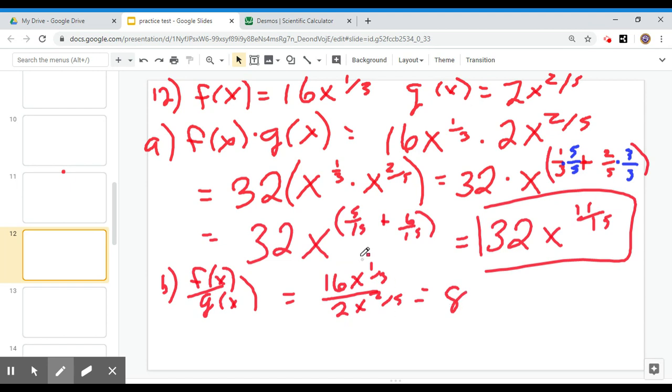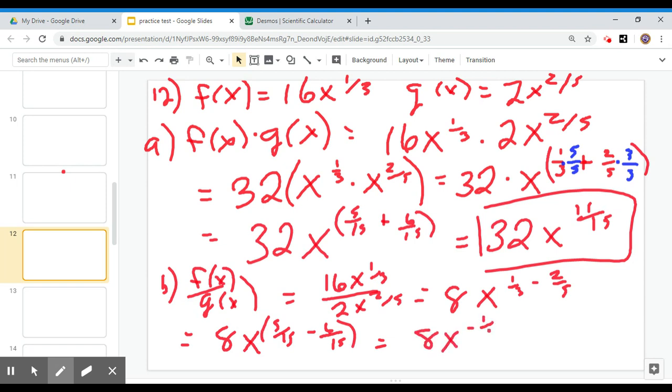And then since these have the same base and it's division, we can subtract the exponents. So then we have x to the 1/3 minus 2 over 5. And we're going to do common denominators again, and they're going to be exactly the same as the last one. So it's going to be these same exponents here. So now we have 8x to the 5 over 15 minus 6 over 15, which equals 8x to the negative 1 over 15.